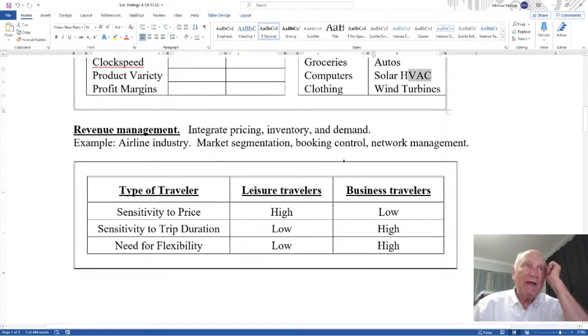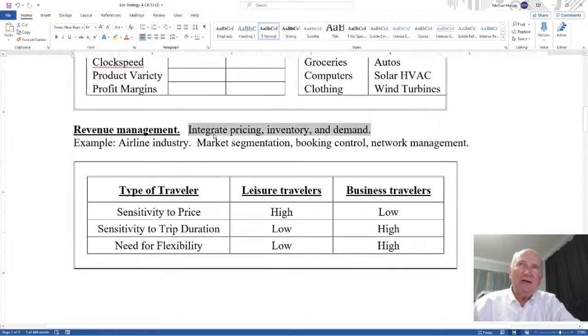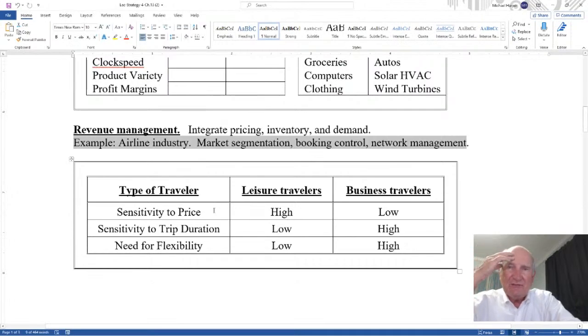Okay, revenue management. The idea here came out of the airline industry, and it's worth noting. It integrates pricing, inventory, and demand. The airline industry has market segmentation, booking control, and network management, and so it's called revenue management.